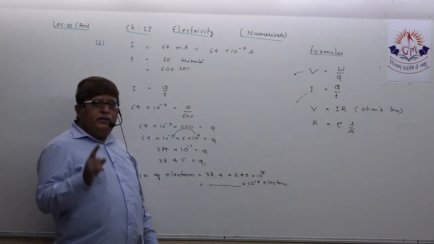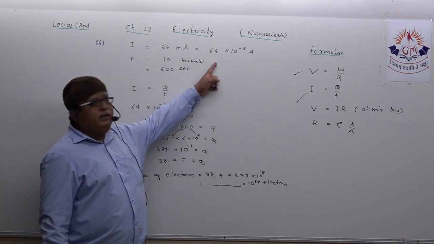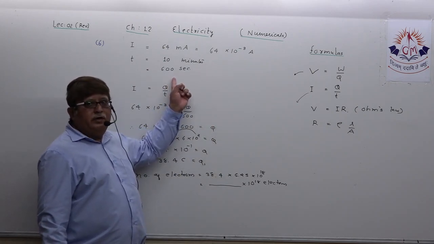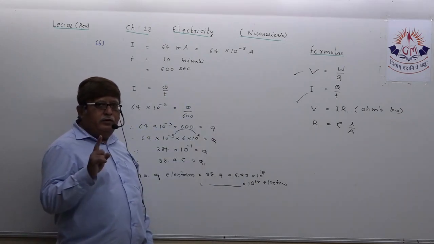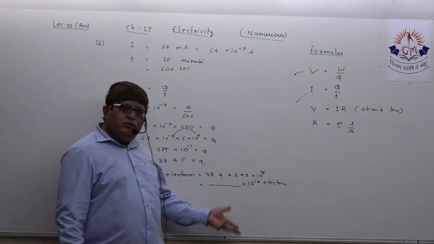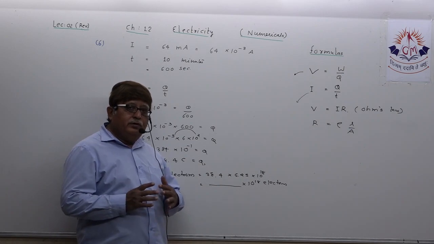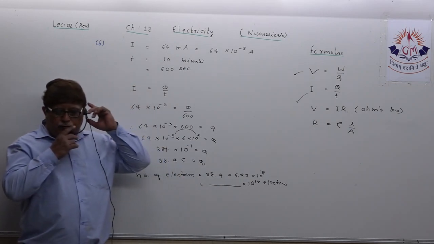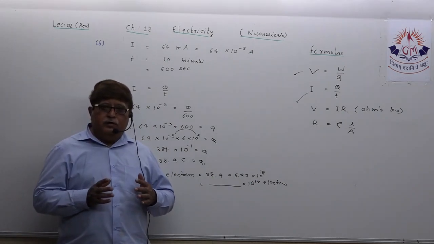If you find the current passing in 1 second, meaning divide this by 600, you will get the amount of current passing in 1 second, and then you multiply by this, then also you will get the same answer. So these are some different ways which you can target to solve any example.